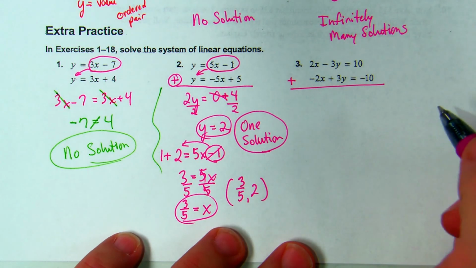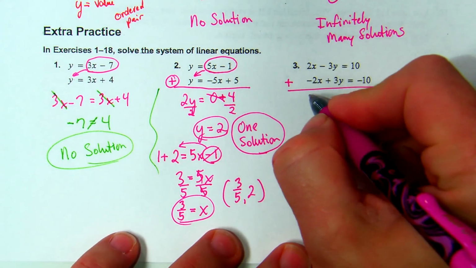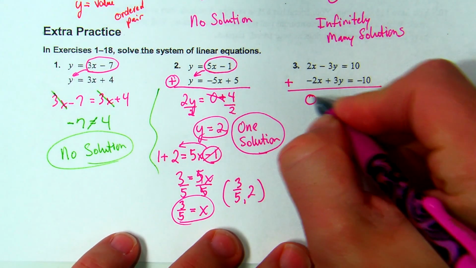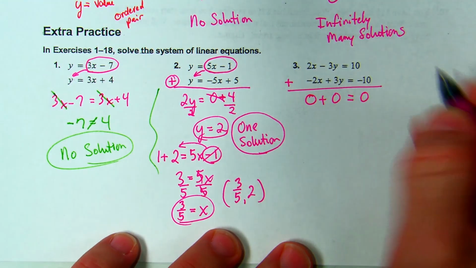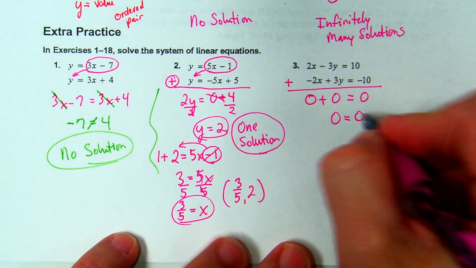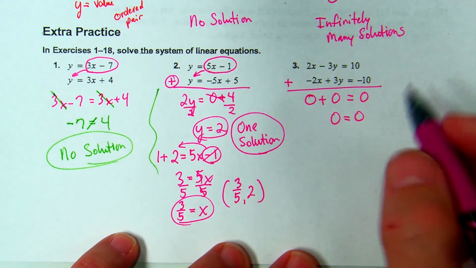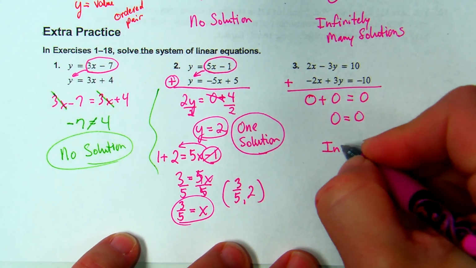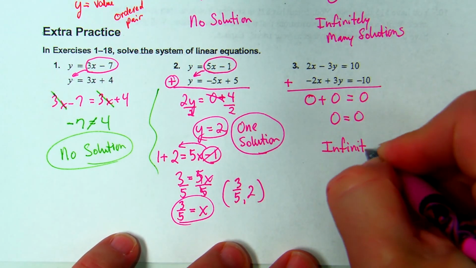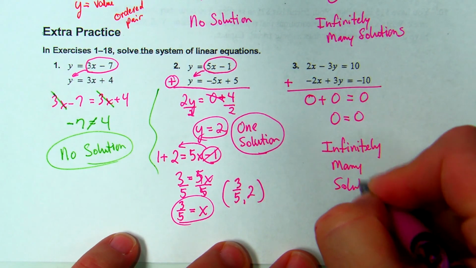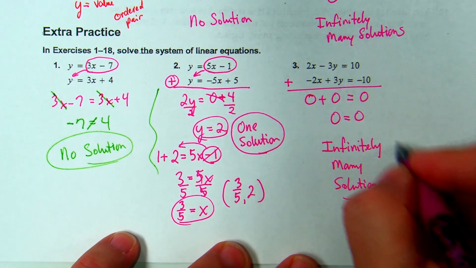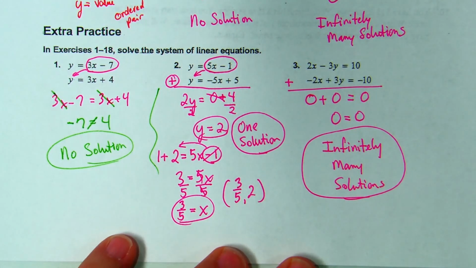And you can kind of look ahead and see what's going to happen here, but this is going to end up being a 0 plus 0 equal to 0. And since 0 equals 0, then we know that this is going to be infinitely many solutions. And that is our answer for number 3.